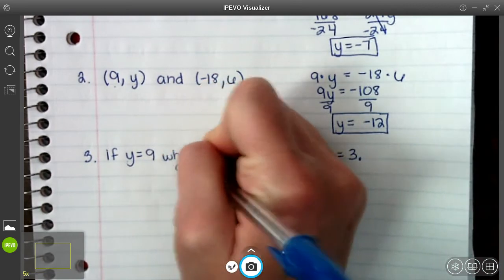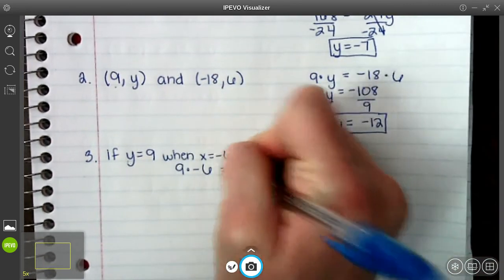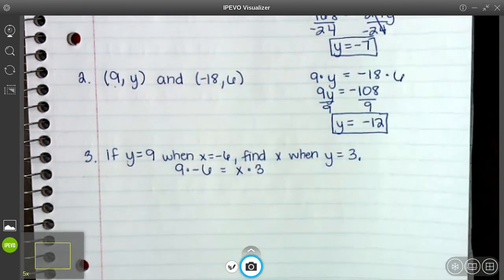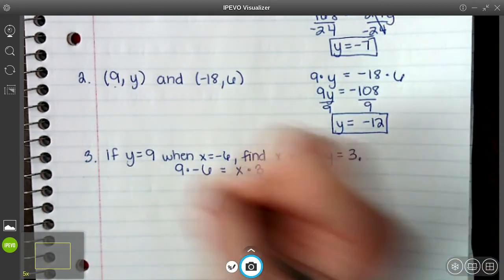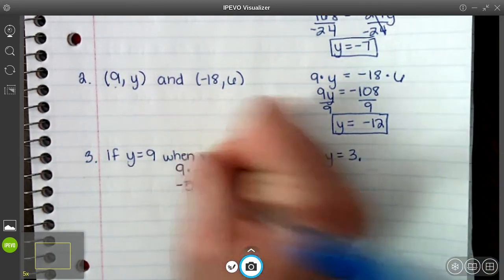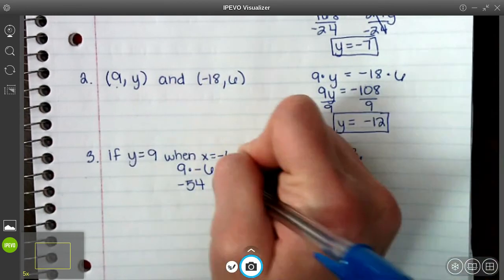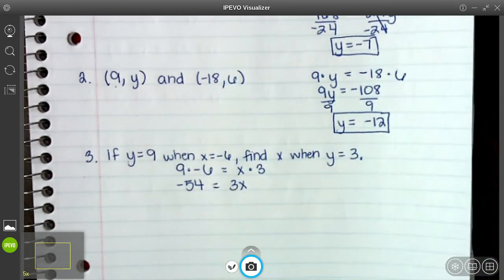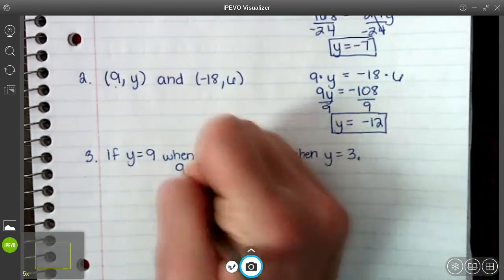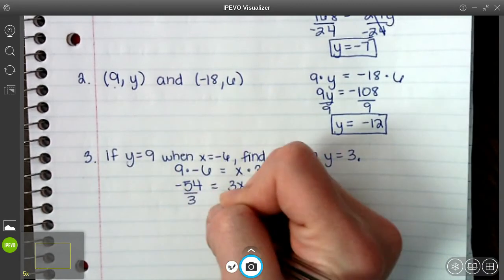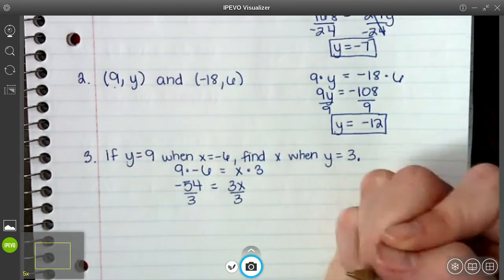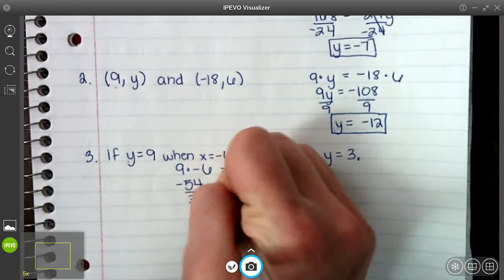So 9 times negative 6 is negative 54. X times 3, we would write that as 3x. Divide by 3. And x equals negative 18.